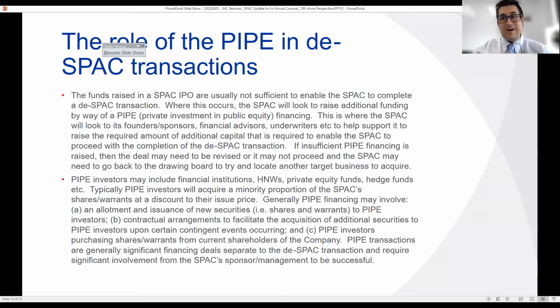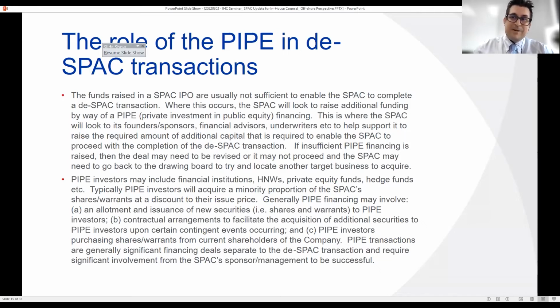The PIPE financing arrangements need to be put in place prior to a de-SPAC deal to enable that de-SPAC to go ahead. And again, this is something where there's been some fairly recent change, particularly over the last, off the top of my head, 8 to 9 months, particularly if you look at the US SPAC experience.